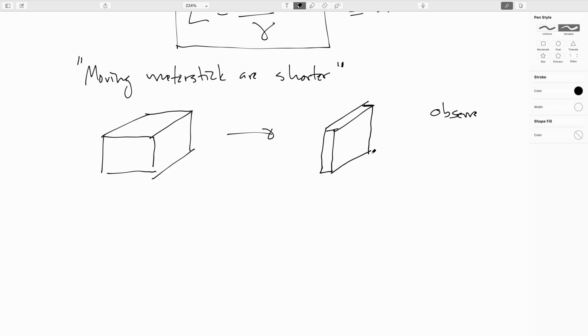Now keep in mind what you actually see when you're going this fast, how the light would hit your retina. The light from here had to have traveled longer, so it would have had to come from an earlier time, which means that the whole thing would be moved over to the left a bit. So what you would actually see is some really twisted, distorted mess where the back part is off to the left more than the front part.